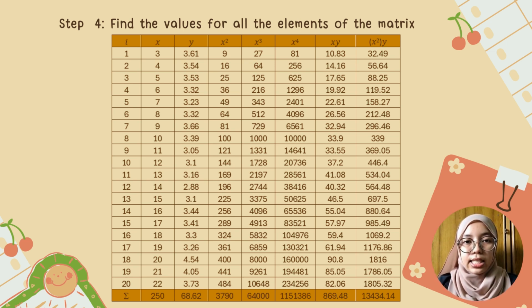Then we get the sum of x equal to 250, the sum of y equal to 68.62, the summation of x squared is 3790, sum of x cubed is equal to 64,000, sum of x to the power of 4 is 1151386, sum of x multiplied with y is 869.48, and sum of x squared multiplied with y is 13434.14.